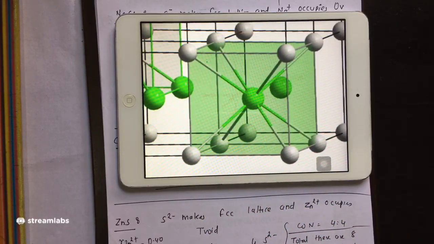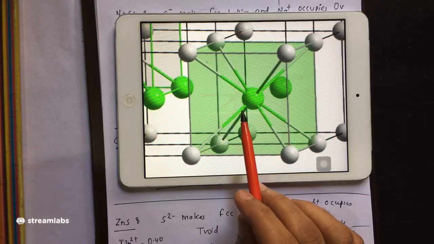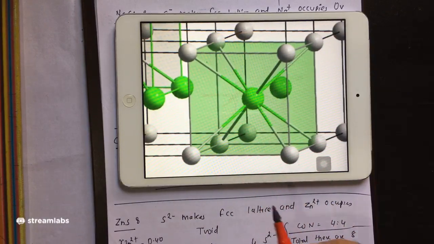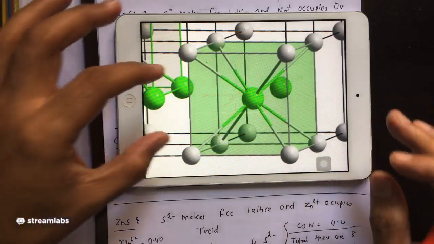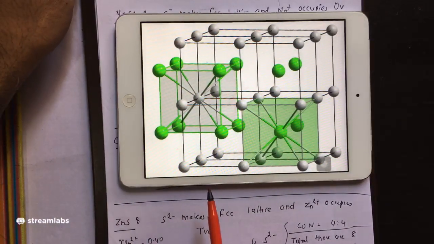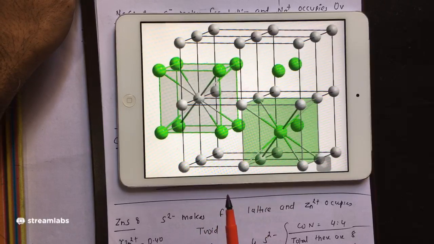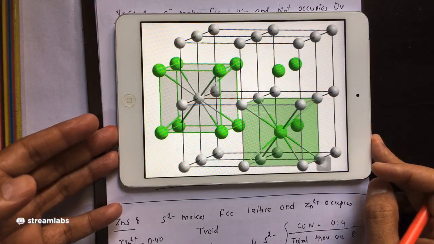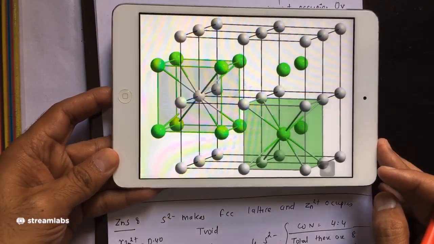And the center one is nothing but cesium. So this is cesium and this is chloride. And if you see the bigger version of it, that is what I was showing you here. Now see here, each cesium is surrounded by 8 chloride, and each chloride is surrounded by 8 cesium. So if you come on to the coordination number, 8:8 is the coordination ratio, while in case of NaCl it was 6:6. I hope everybody has understood this particular arrangement.